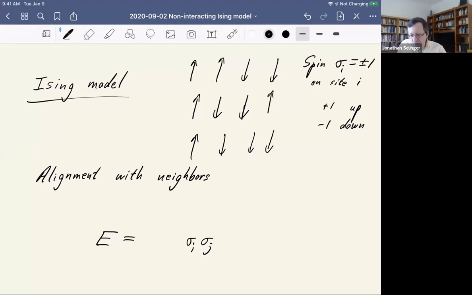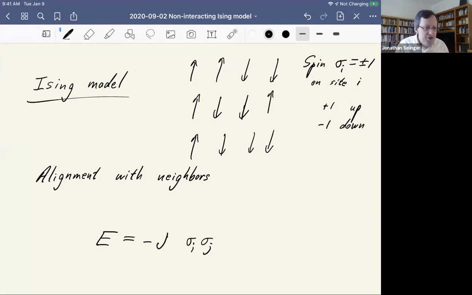But if they're different, one's plus, one's minus, then you get a negative number. So we want to say that the energy is some negative coefficient, which people usually give the letter capital J, times this product. So you get a nice low negative number if they're both plus or both minus, and you get an unfavorable positive number if one is plus and the other is minus.